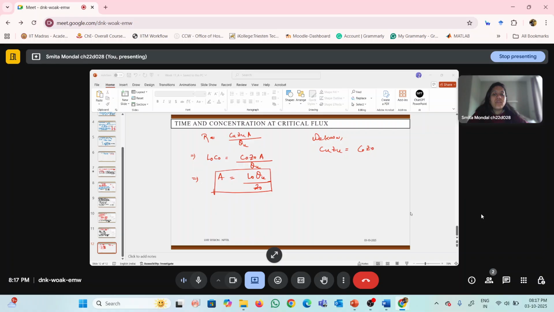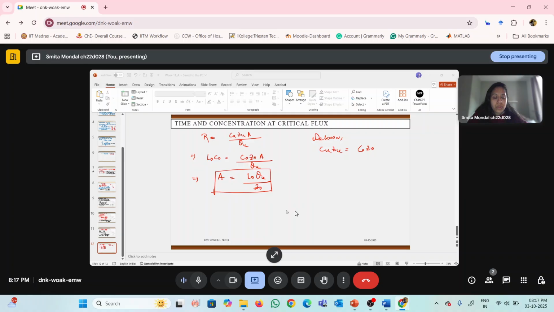So based upon that, you can also do this kind of area calculation. If you know the initial concentration, the initial volumetric flow rate, and the ultimate time at which you are getting the underflow from the thickener, you will be able to calculate the area required.